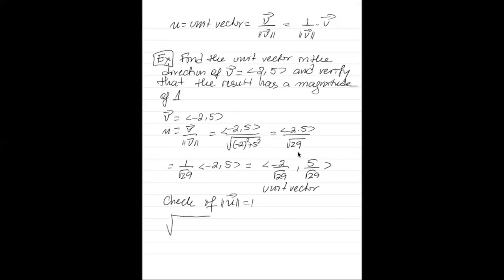Well, that will be square root of negative 2 over square root of 29 squared plus 5 over square root of 29 squared. And that is square root of 4 over 29 plus 25 over 29, which is square root of 29 over 29, which indeed is 1.